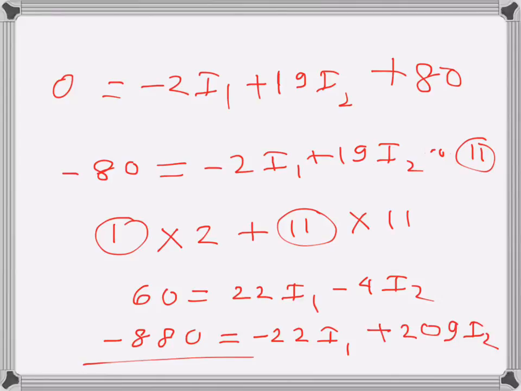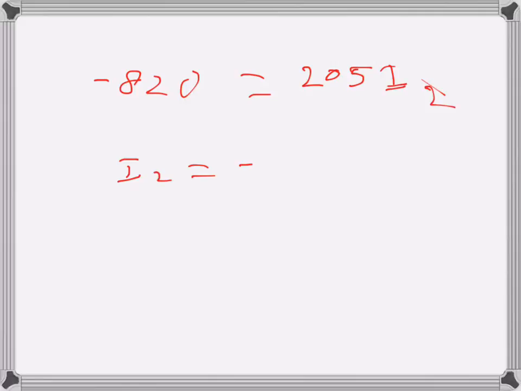So I will add these two, and what I will get is minus 820, because minus 880 plus 60, equals 205 I2. So my I2 will become minus 820 over 205, which is minus 4 amps. So that is I2.